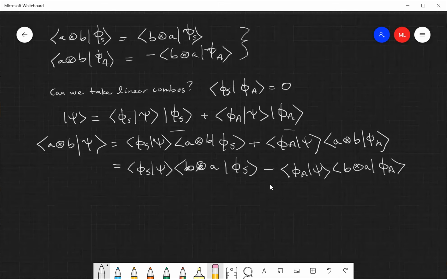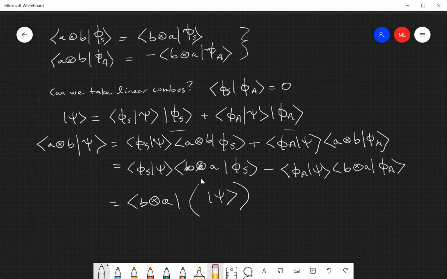This is BA dotted into the original state, but it's all messed up. It's the original state with a relative minus sign between the two components.